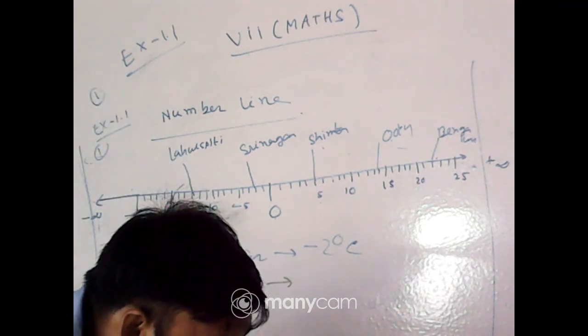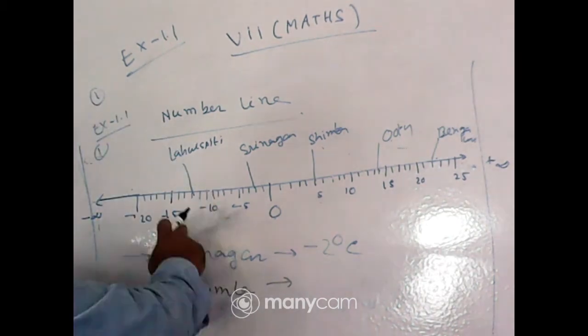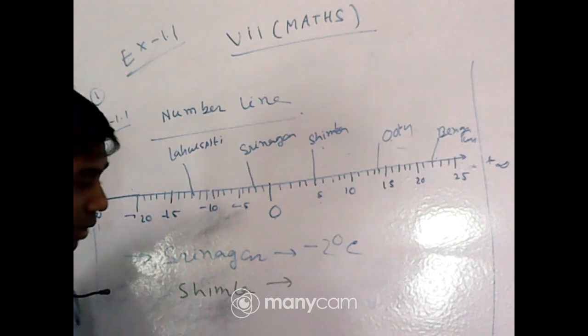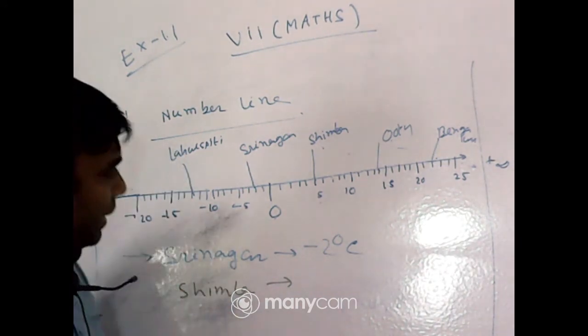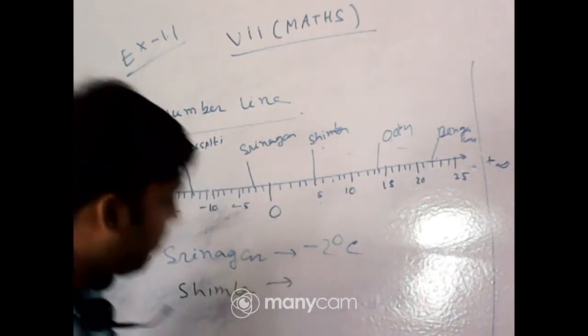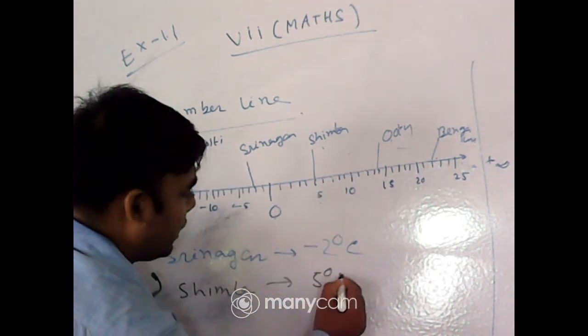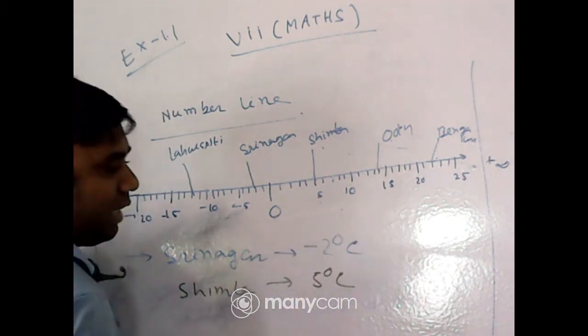When I discuss the Lahul Spiti temperature, at that time I will discuss it. Simla temperature. Yes, plus 5. 1, 2, 3, 4, 5. So 5 degrees Celsius. It is positive because it is on the right hand side of 0.